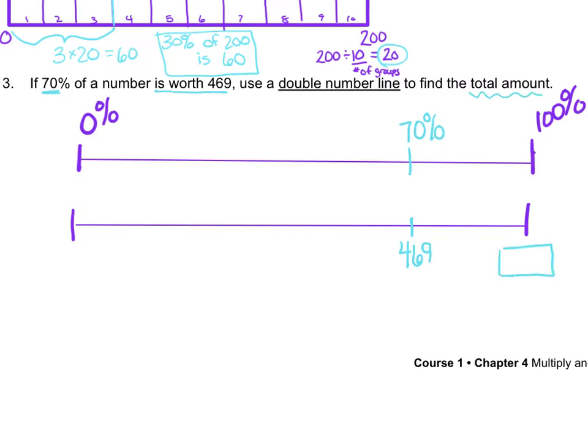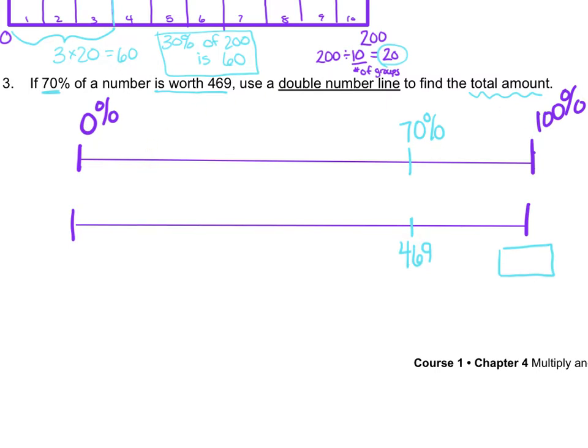The total amount would be here, but I can't go from 70% to 100% easily. So I'm going to scale down my 70%, figure out a different percentage, and then scale back up.